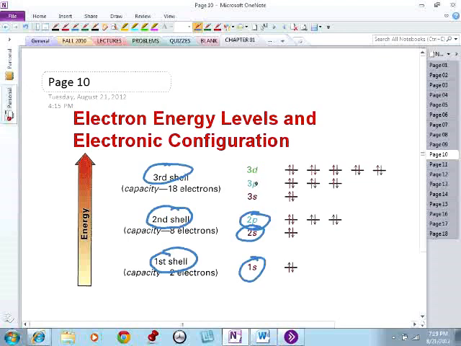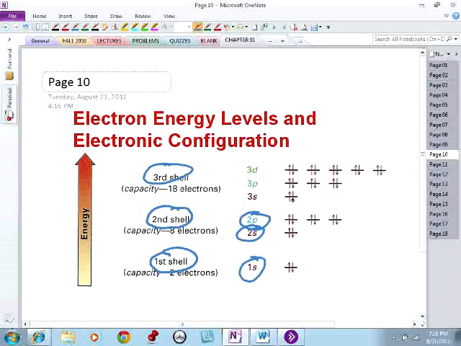You have the s orbital, the p orbitals, and the d orbitals. Okay. In the first energy shell, you only have 1 s orbital. The second energy shell, you have two types of orbitals, the s and the p. And the third energy shell, you have s, p, and d.